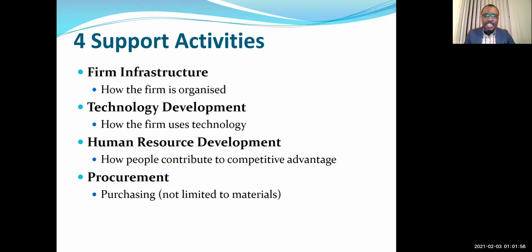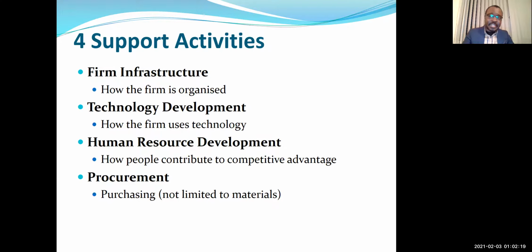The 4 supporting activities: let's have a firm infrastructure. How are we organized? How are we well placed in terms of resources? Do we have the technology that will help us to keep up to speed and provide after sales services or even to transform our products? Do we have the human resource development prospects to always retain our competitive advantage?